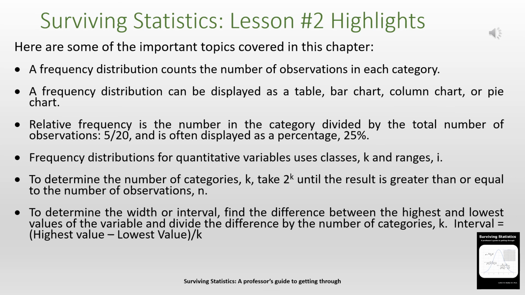To do that, our first step is to determine the number of classes, and to determine the number of classes or categories, we take 2 to the power of k until we end up with a number that is greater than or equal to the number of observations. To determine the width, or the interval, we take the highest value minus the lowest value in the data set and divide that by the number of categories.